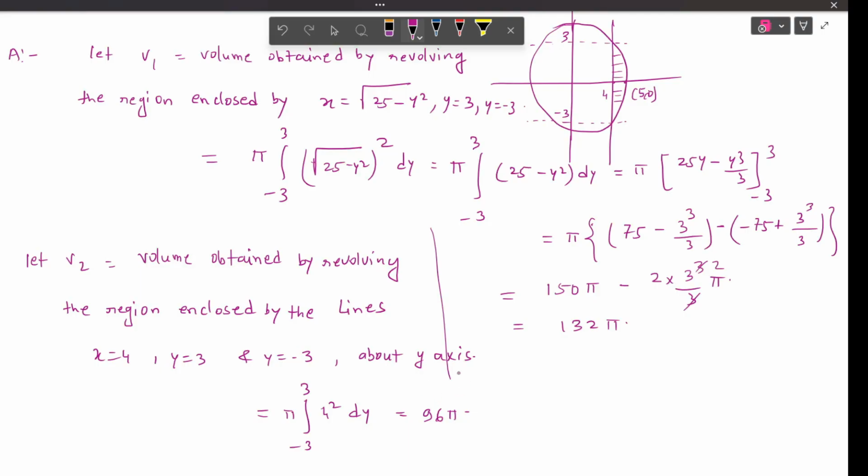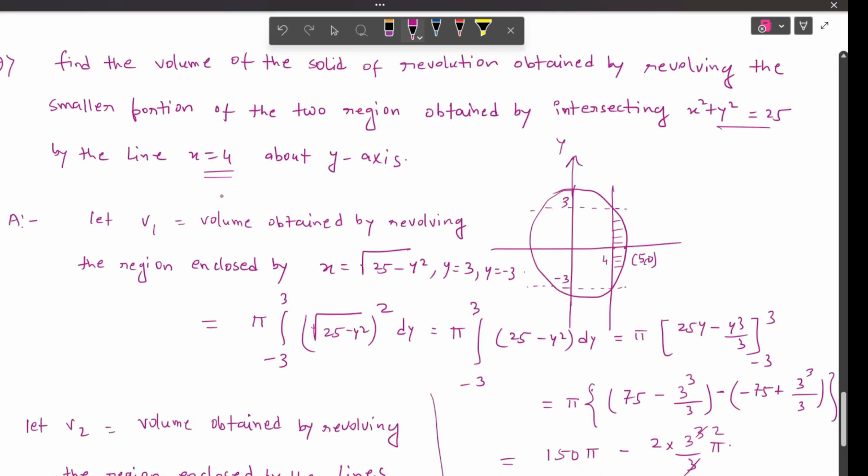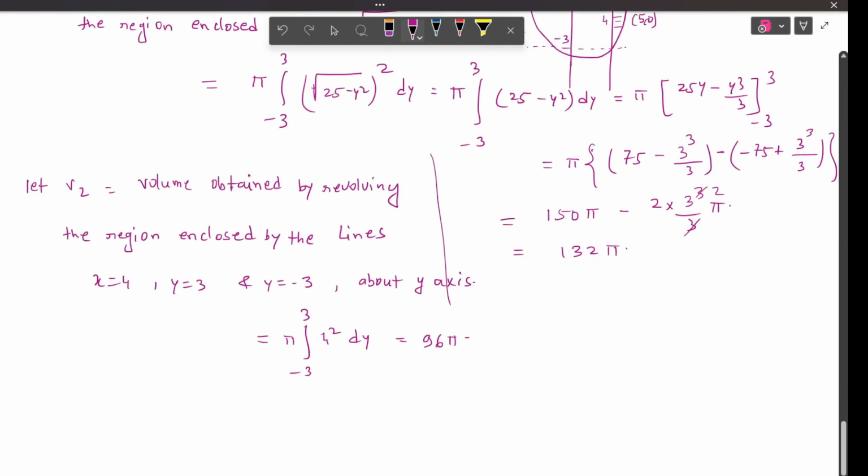So what would be our required volume? Because in our question it is given, find the volume of the solid of revolution obtained by revolving the smaller portion of the two regions obtained by intersecting this circle and by the line x equals to 4. So you can subtract volume 2 from volume 1, so we'll get the smaller portion.